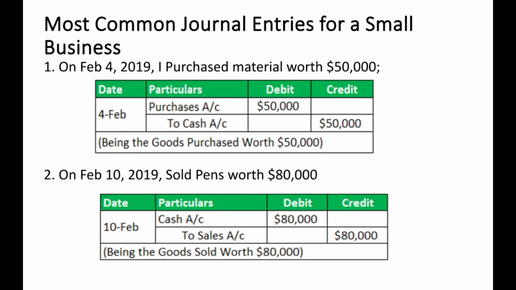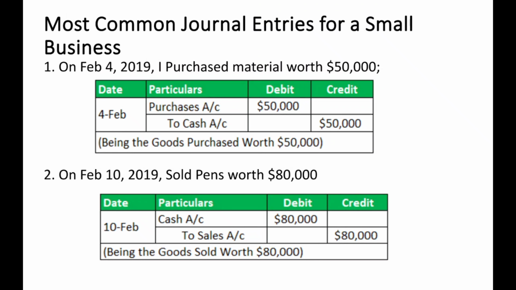Here we purchased material worth $50,000, so the asset comes into the business. That is called debit.